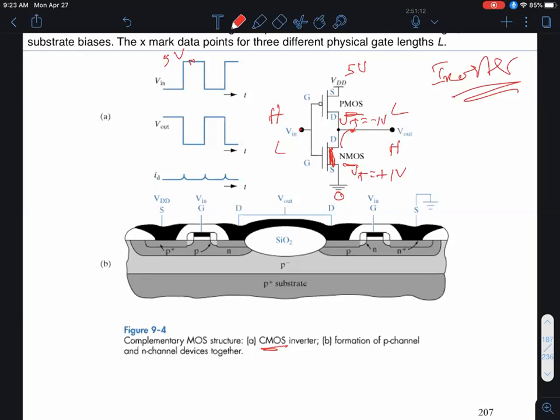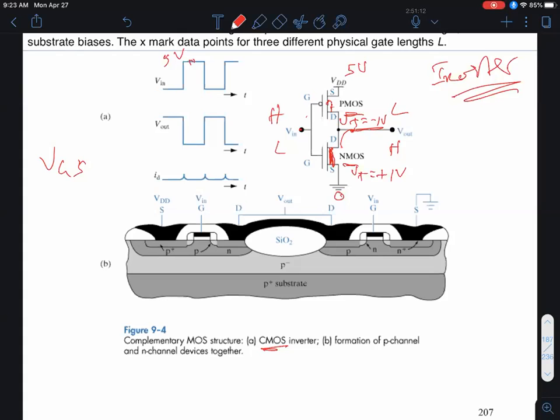How about the PMOS? Is that going to be turned on or off? Well, you have to see what the gate to source voltage is and compare that with the threshold voltage. In the case of PMOS, you want the gate to source voltage to be more negative than the VT over here, because for PMOS the gate has to be negative to attract holes in the channel.